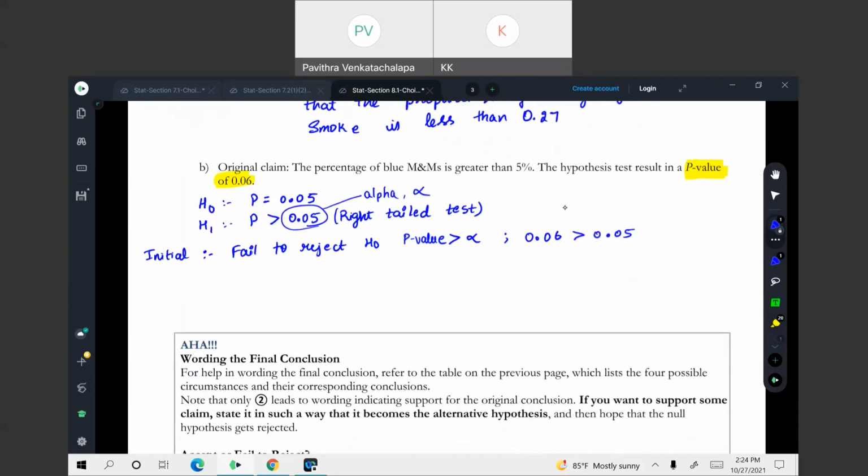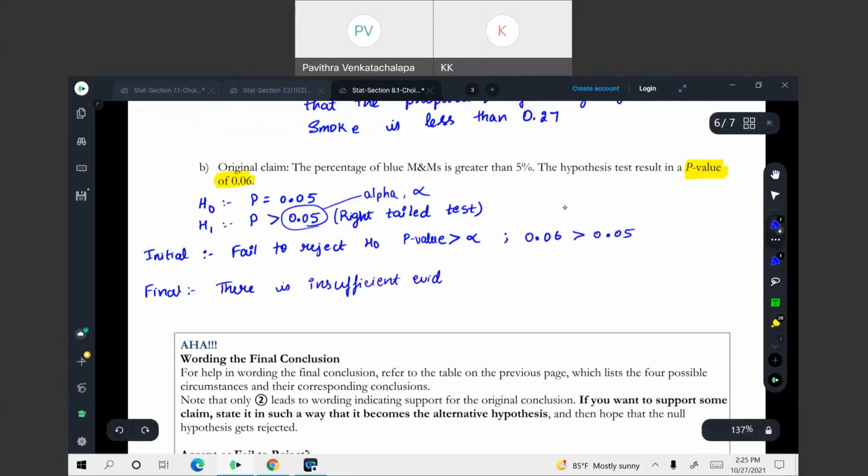Okay. Now, how do you write this in the final conclusion? Your final conclusion will be like this. Since you are saying fail to reject, there is insufficient evidence to support the claim. Simple.